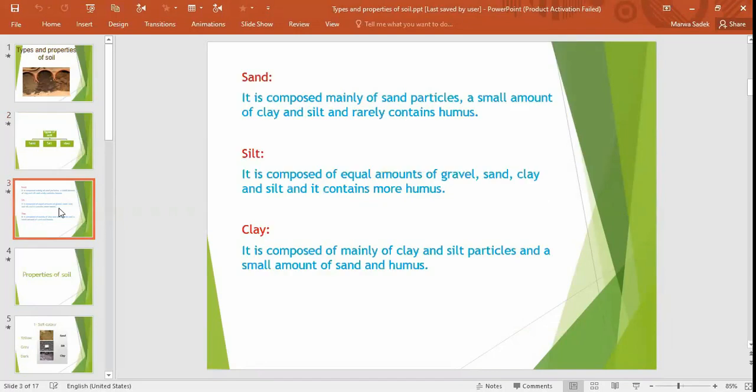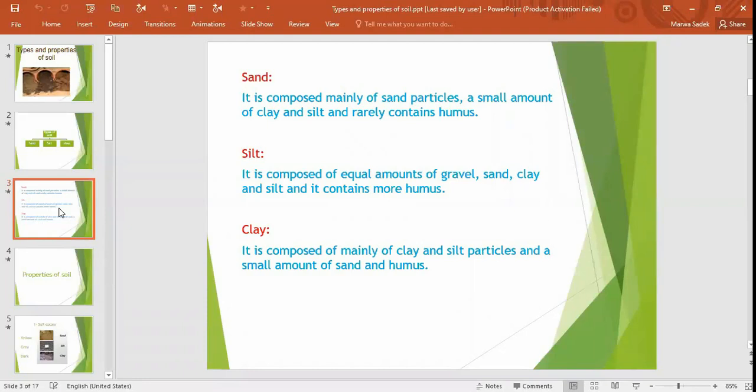Sand is composed mainly of sand particles, a small amount of clay and silt, and rarely contains humus.